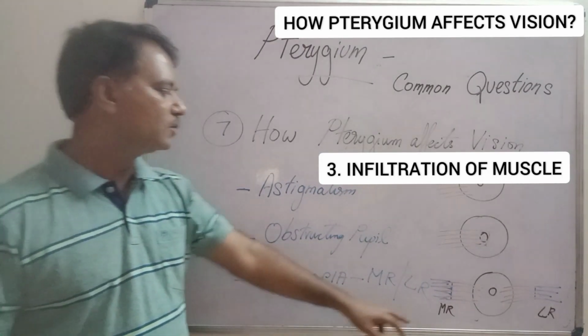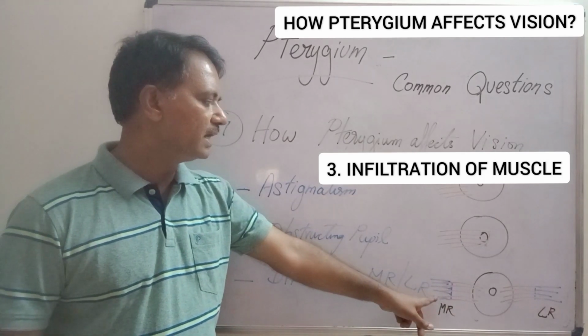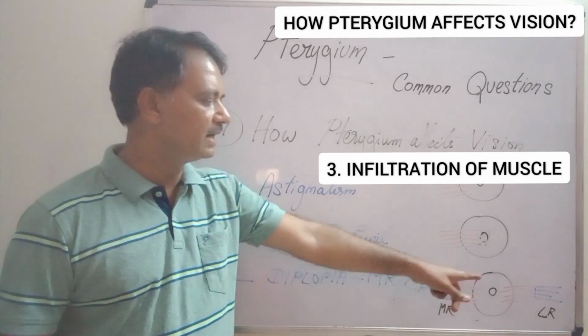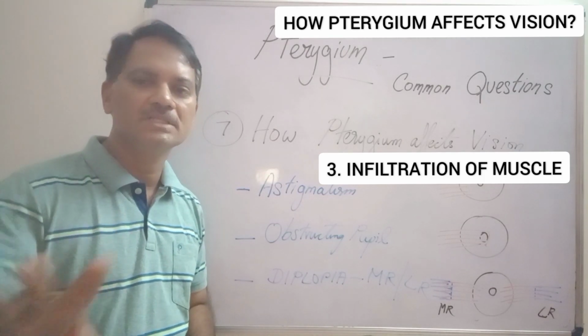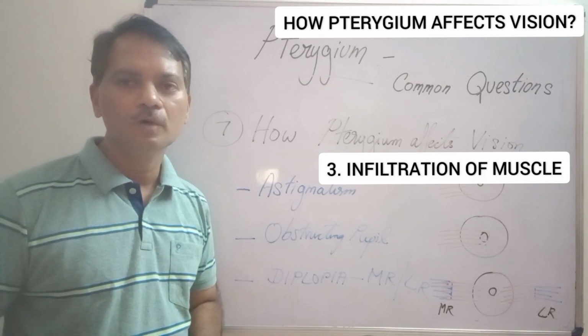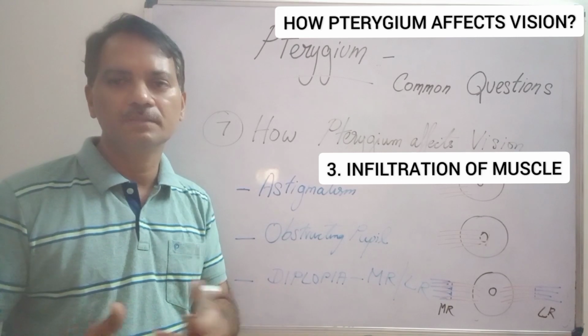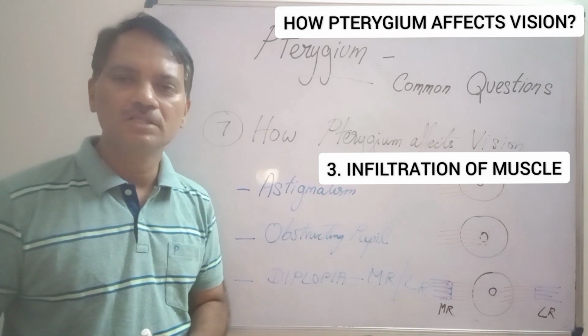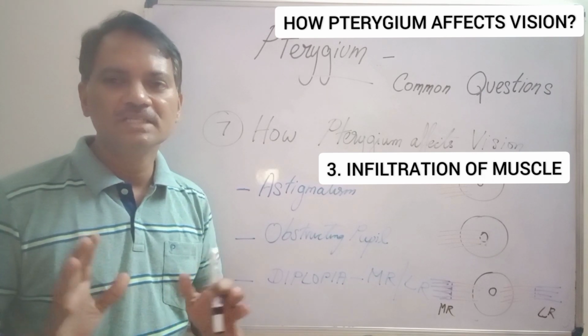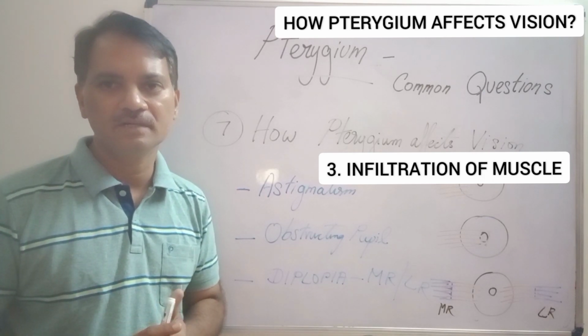So when it grows that side, we know that there is a medial rectus insertion and lateral rectus insertion. It can infiltrate into the muscles, leading to improper functioning of the muscles that can affect movements of the eyes, causing diplopia. So this way pterygium affects vision.